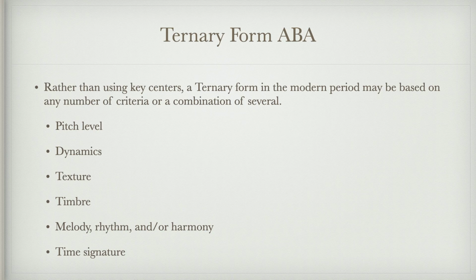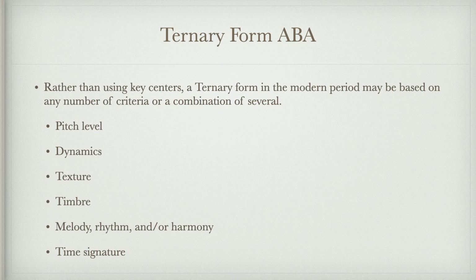You can also do it by dynamics. The A sections might be at piano. The B sections might be at a forte or higher dynamic level. Or it might go in the reverse. The A sections might be a mezzo forte and lower dynamic level, and the B section could be forte and louder dynamic level. The texture could change.